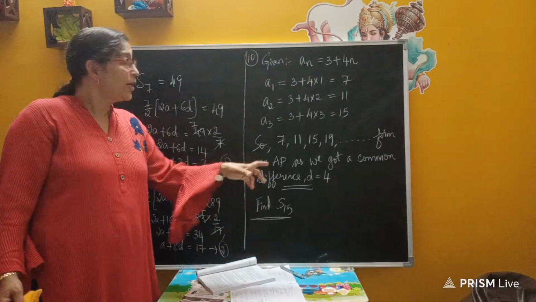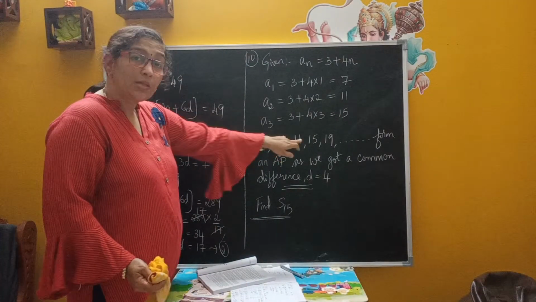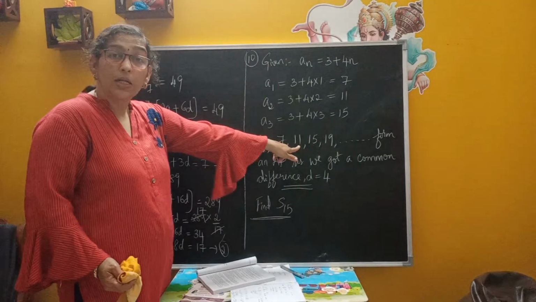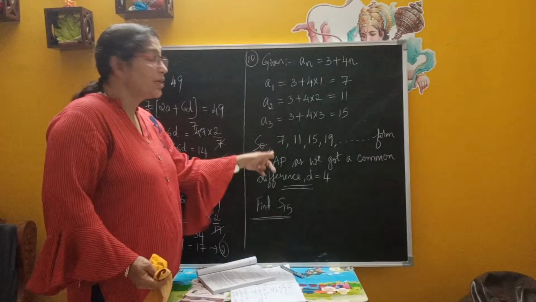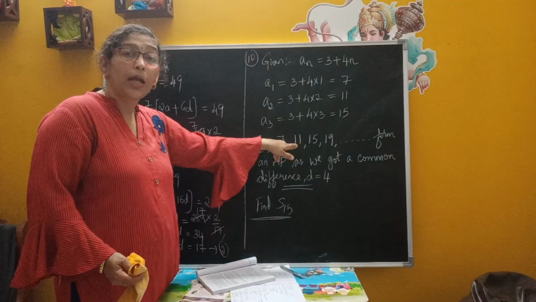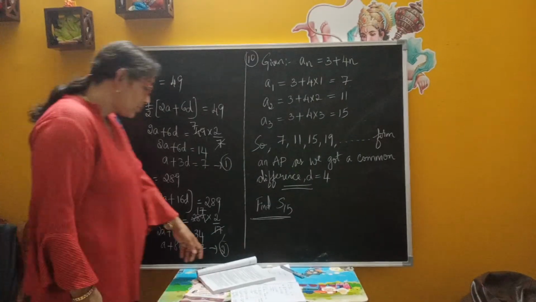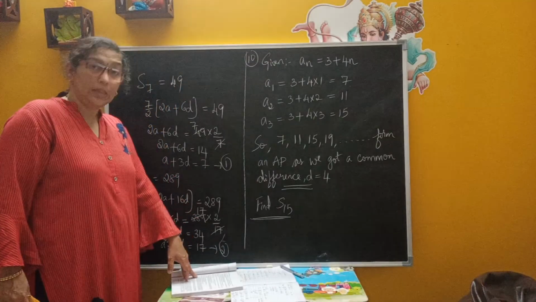Then find the sum: 7 plus 11 is 18. So 18 minus 7, what do we get? The second term, isn't it? That will be S2 minus S1, that is A2. So we can find it easily. Similarly, you can find the third term, 10th term and nth term for this.